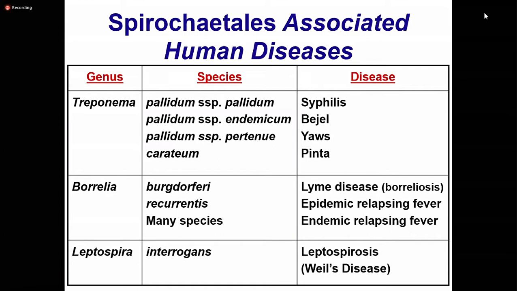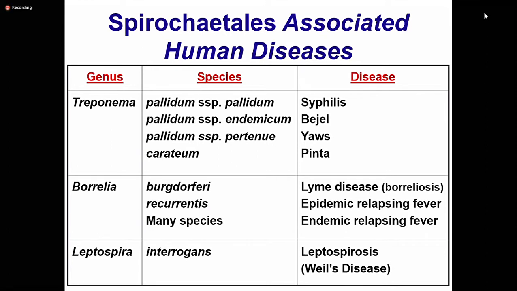So you can see different species of Treponema: Treponema pallidum, and different subspecies in relation to pallidum, so pertenue, endemicum, and the pallidum itself. Another genus is called Borrelia. This Borrelia has different species.